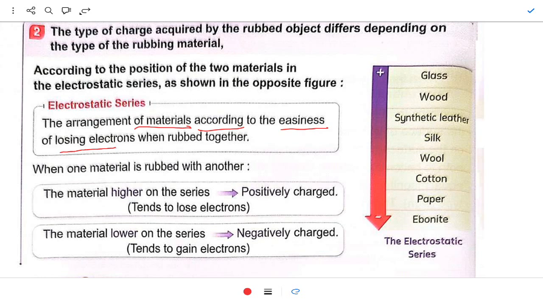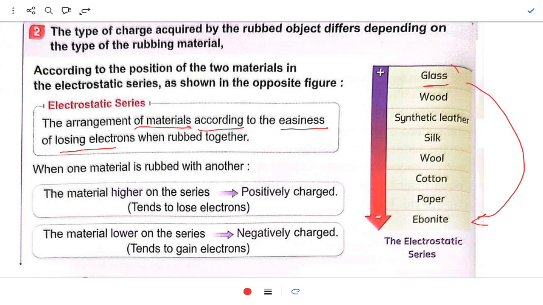So I will repeat the definition of this concept again. The arrangement of materials according to the easiness of losing electrons when rubbed together. So this glass will lose electrons more easily than the ebonite.